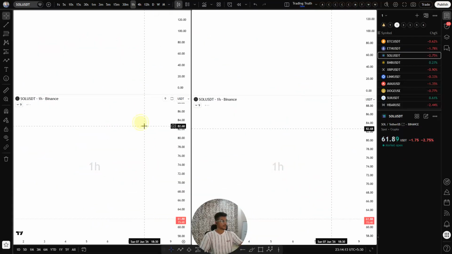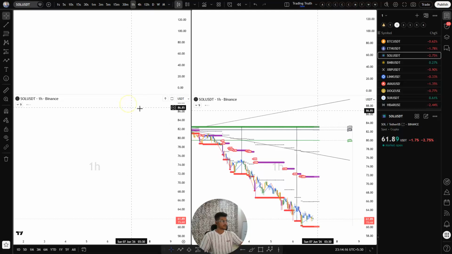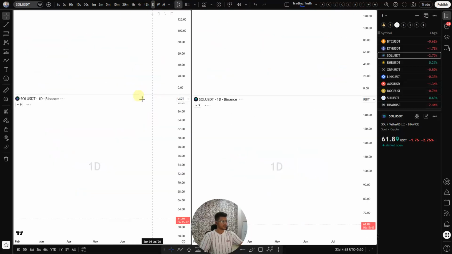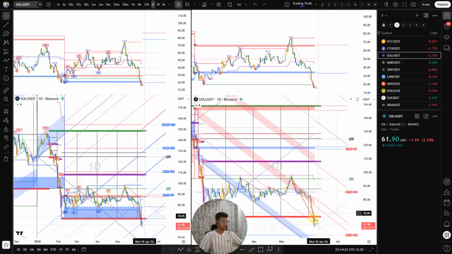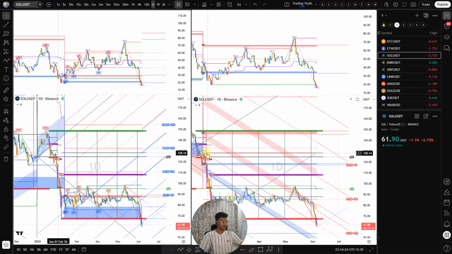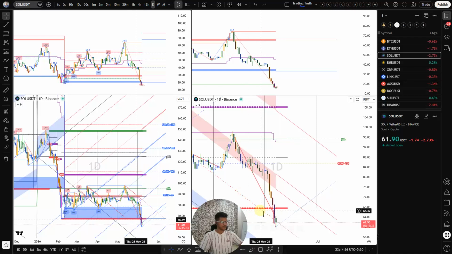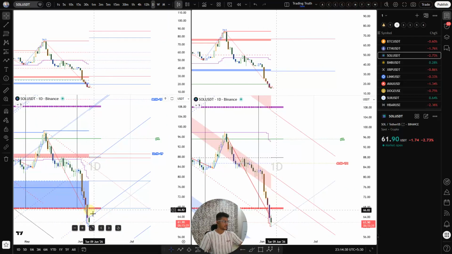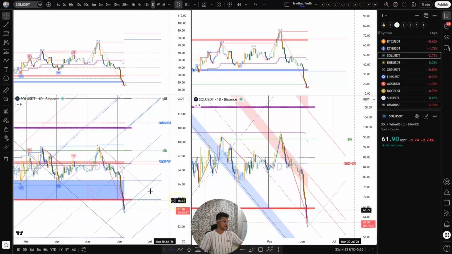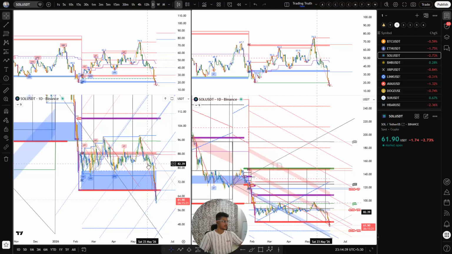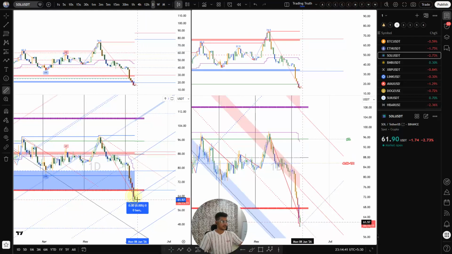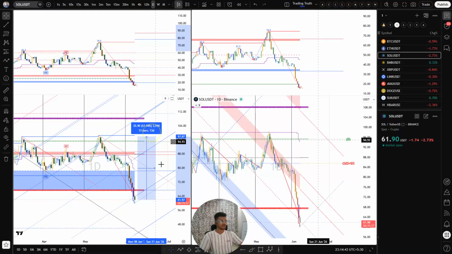Solana. Look at the daily time frame. Is this resistance there? So resistance is becoming support. And here also it reached the support. So if we see strong candle to the upside or gaining of this level, making a spring or something, then it might rally to the upside.